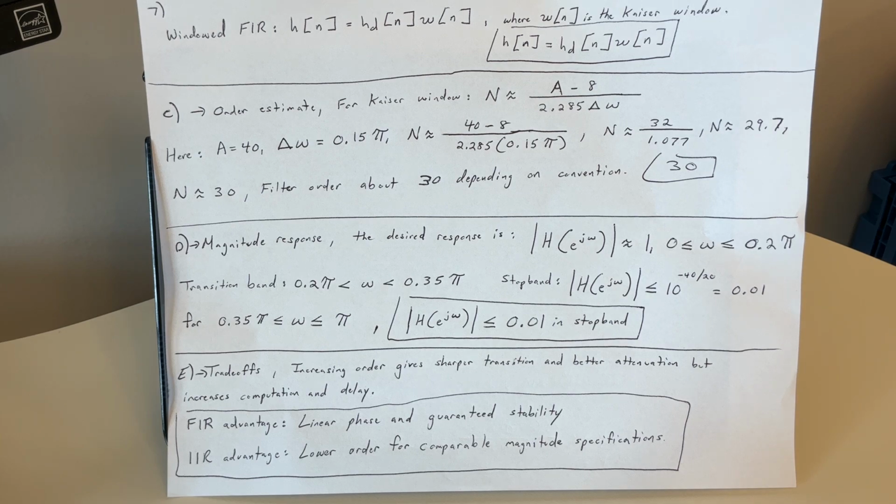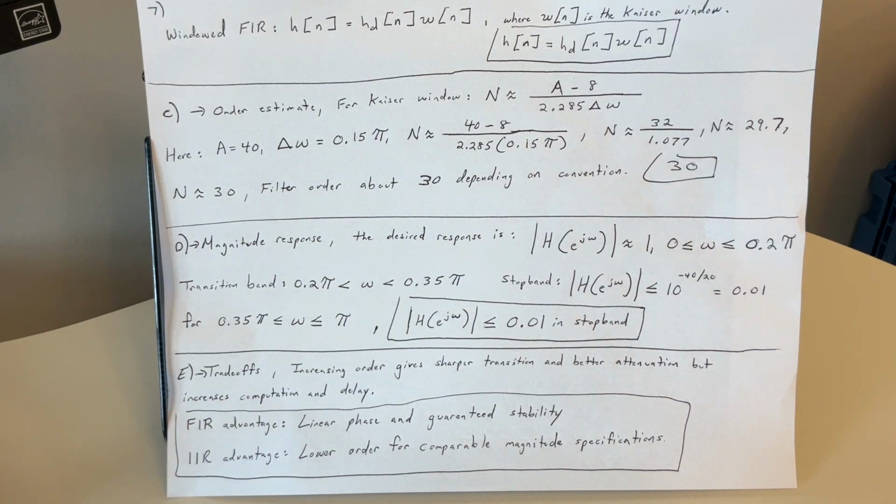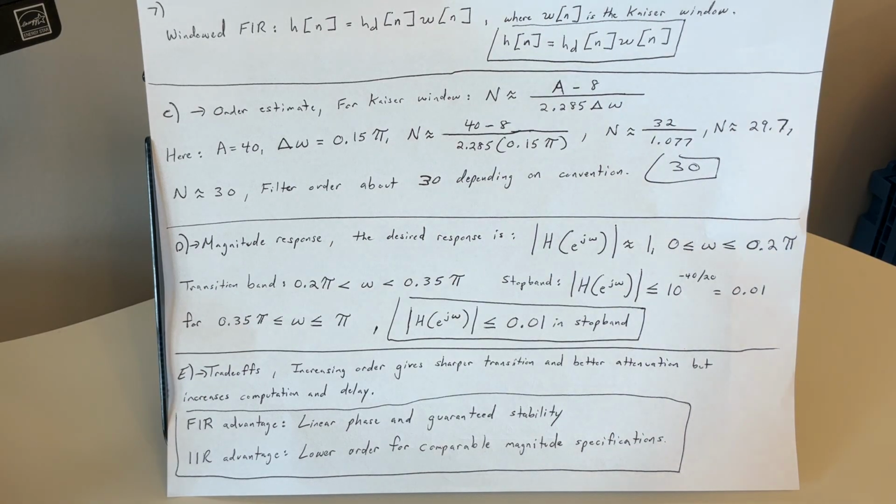Letter D, describe the magnitude response. So the magnitude response, the desired response is the magnitude h of e to the j omega. That's about 1, where our interval here 0 is less than or equal to omega is less than or equal to 0.2 pi. So the transition band here, 0.2 pi is less than omega is less than 0.35 pi.